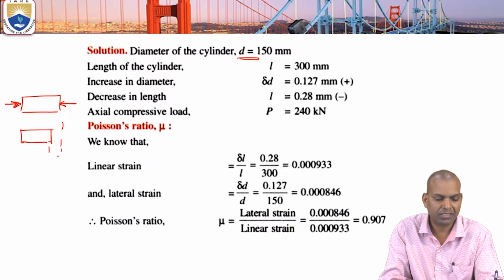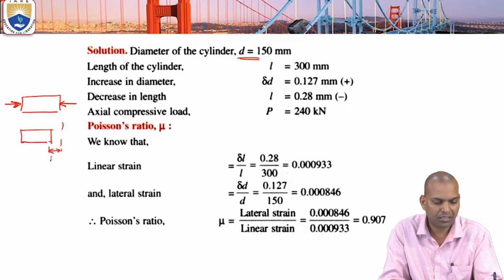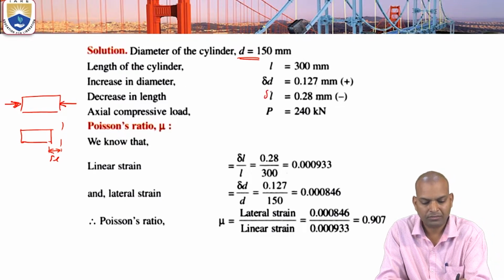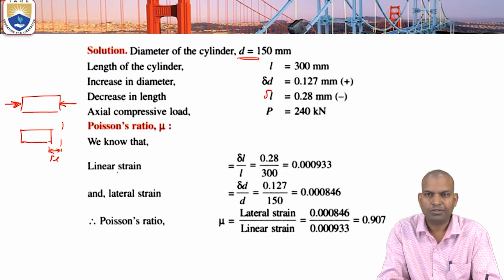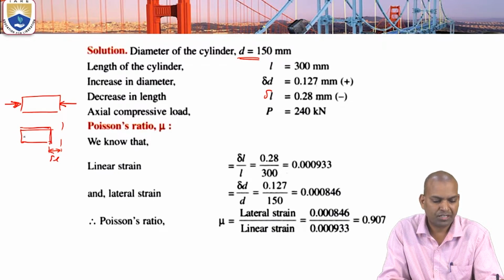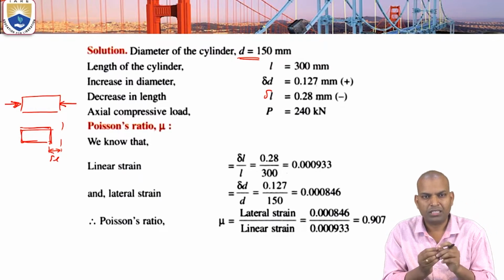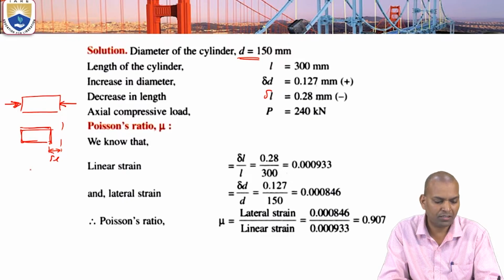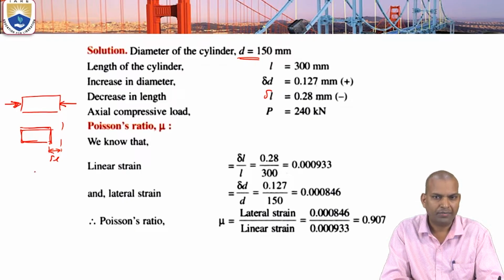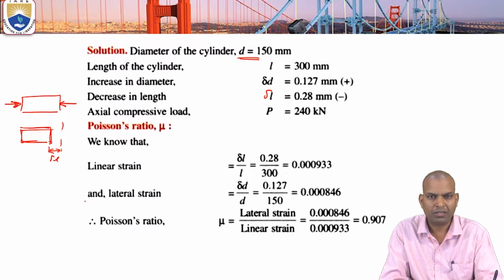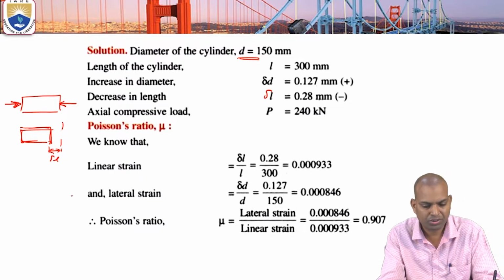The delta L, decrease in length, is 0.28 millimeters, and the diameter will be increased because of the compressive load. Whereas in the case of tensile load, the diameter decreases and the length increases. Now here there are two types of strains to calculate the Poisson's ratio.